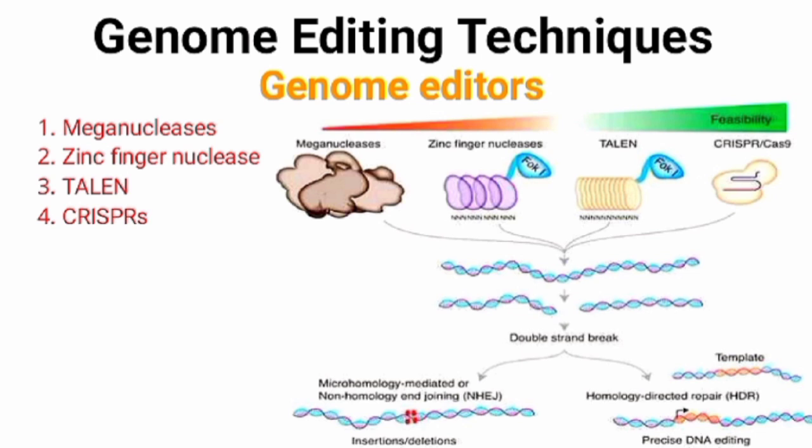Nine genome editors were available as of 2017. These classes of enzymes, that is zinc finger nucleases, TALENs, and meganucleases, were selected by Nature Methods as the 2011 Method of the Year. The CRISPR Cas9 system was selected by Science as the 2015 Breakthrough of the Year.